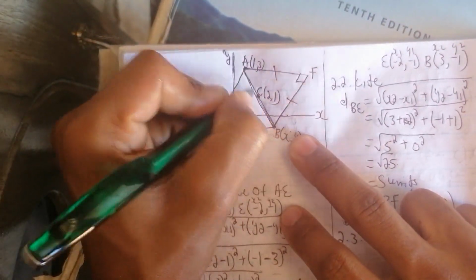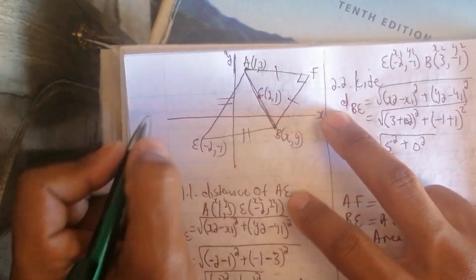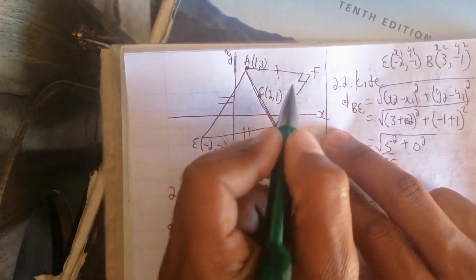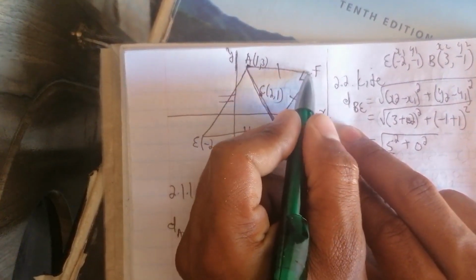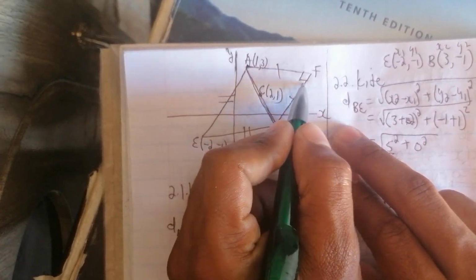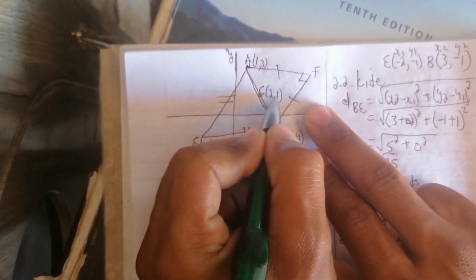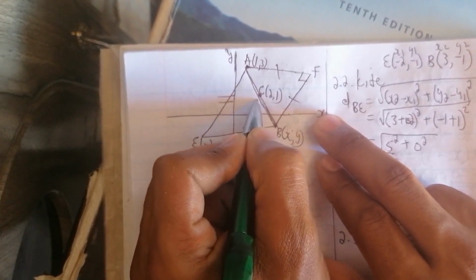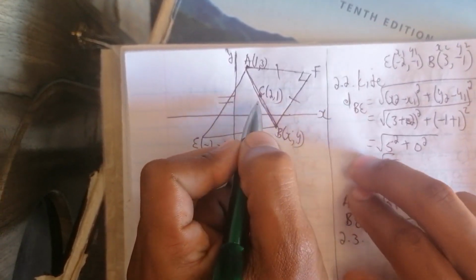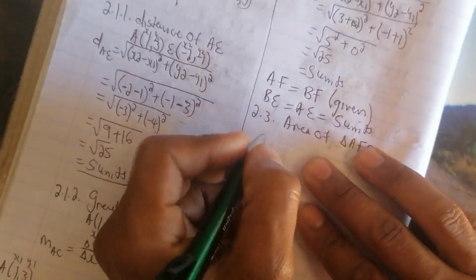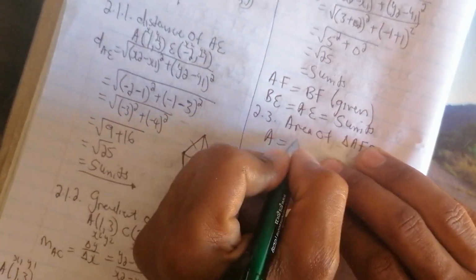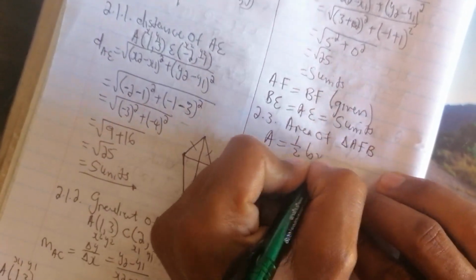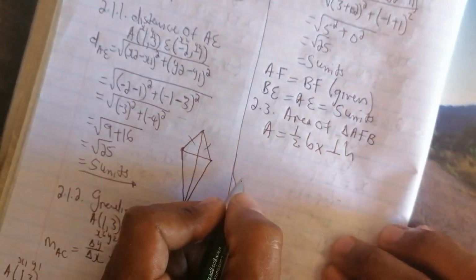Look, there it is, AFB. Now I can find that. You see that we have one angle that is equal to 90, very important, and the side which the 90-degree angle points to is the hypotenuse. You remember that? And you remember we said that the area of a triangle is equal to half base multiplied by perpendicular height.